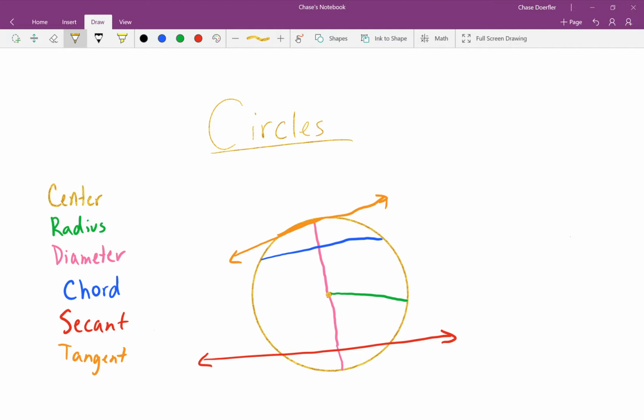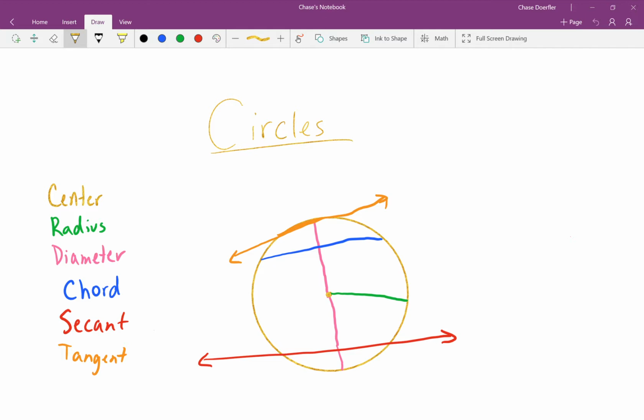And then the radius, which is in green, is the distance or a line segment that goes from any point on the circle to the center. And then the radius is half of the diameter, which is in pink. And it's actually the distance from one endpoint to another, but it does go through the center.